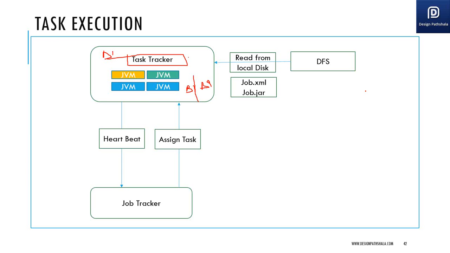So in that case, if this JVM instance was running for block 9 and it failed due to a different reason, it will send a signal to job tracker that the JVM for block 9 has failed. And what job tracker will do is figure out from the name node where other copies of block 9 are lying, and will assign a task to that task tracker to run for block 9.